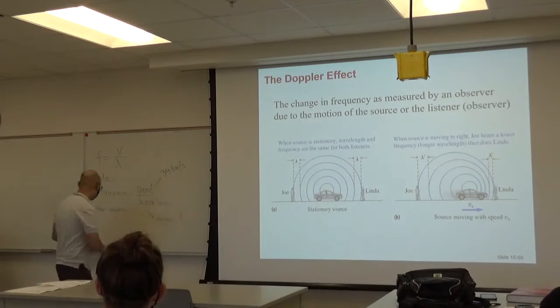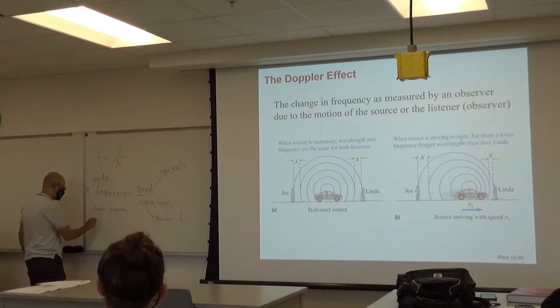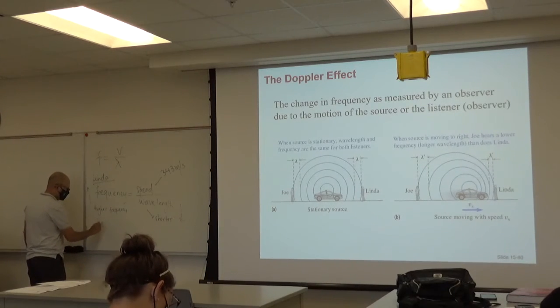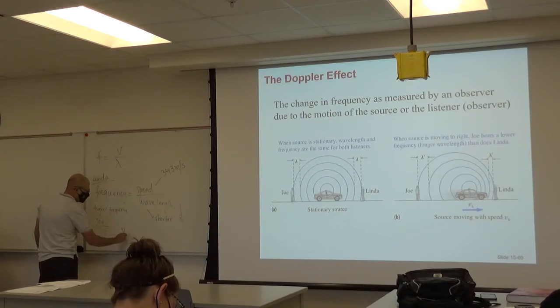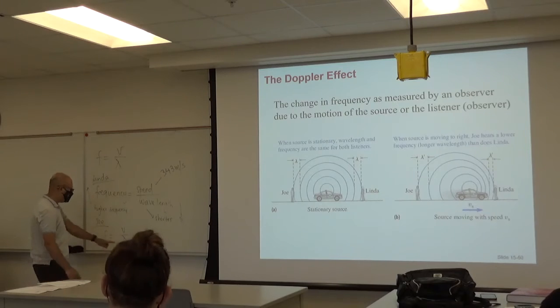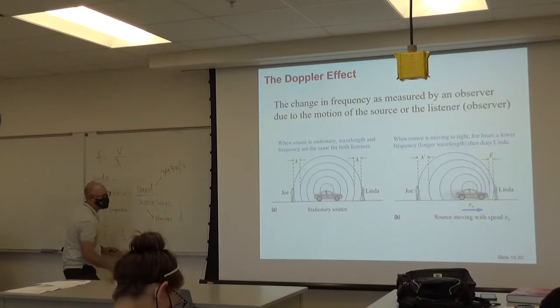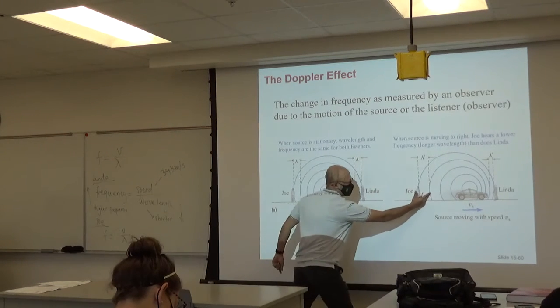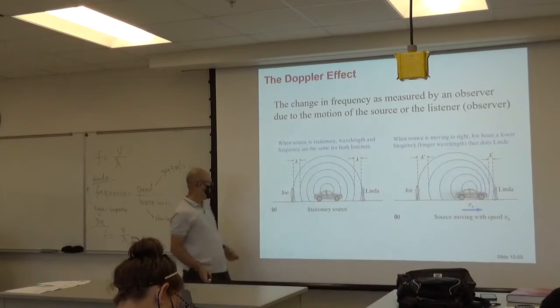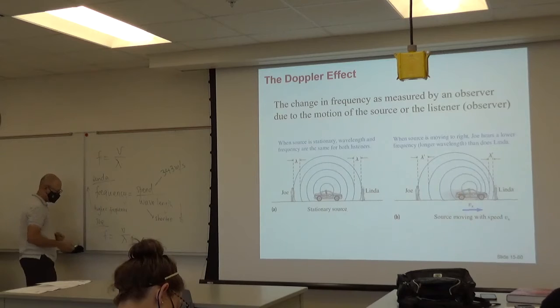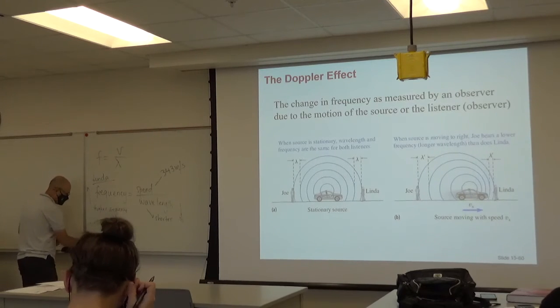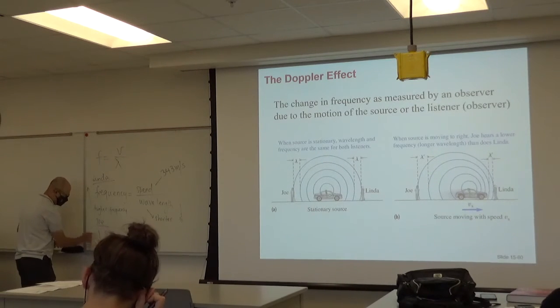Whereas for Joe, so frequency, speed, and wavelength. So for Joe, wavelength increases. You see the wavelength here is longer than here, so it increases, and because frequency and wavelength are inversely proportional, when this goes up, this goes down.